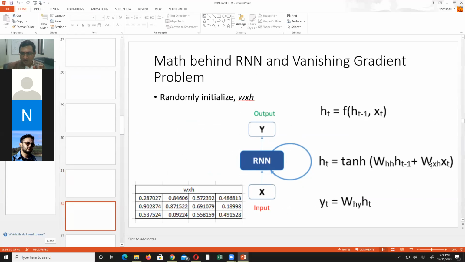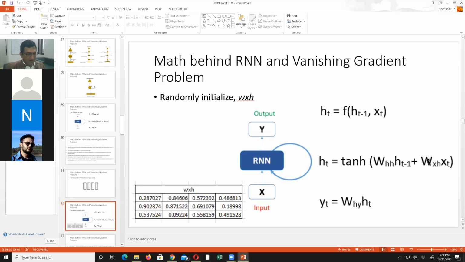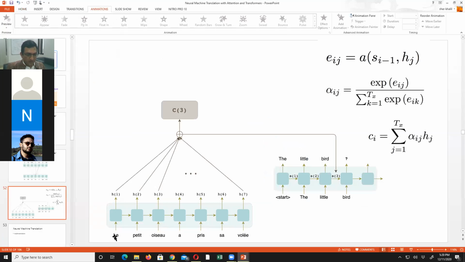So these two matrices, they will be getting random values initially. Now, if you see here, when you gave the first word, the initial state is all 0. Right. You get H1.